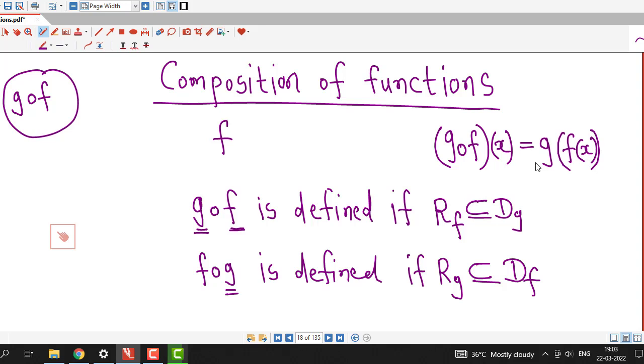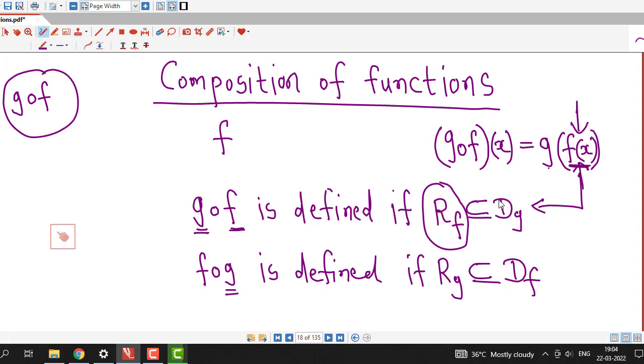First we find out value of function f at point x, and whatever image we obtain, we find out value of function g at point f(x). So here this condition is required. Here we can see we are finding g(f(x)). Now this f(x) is in the range of f.